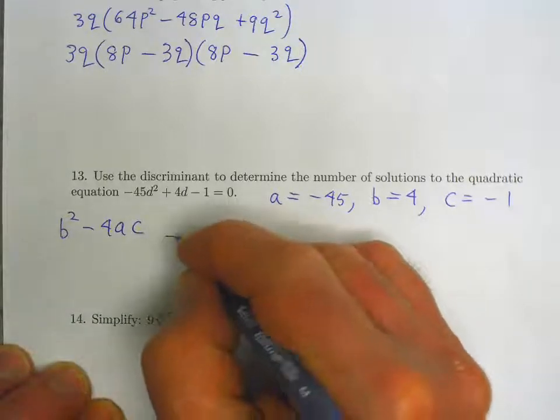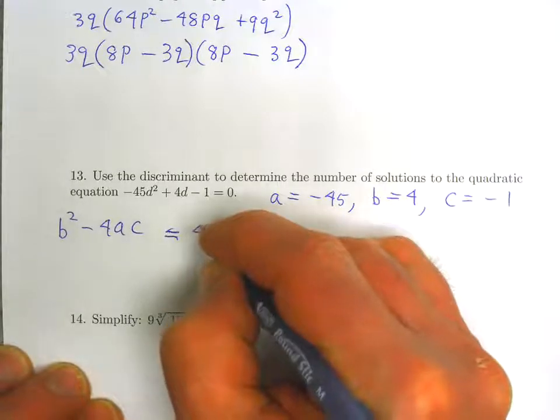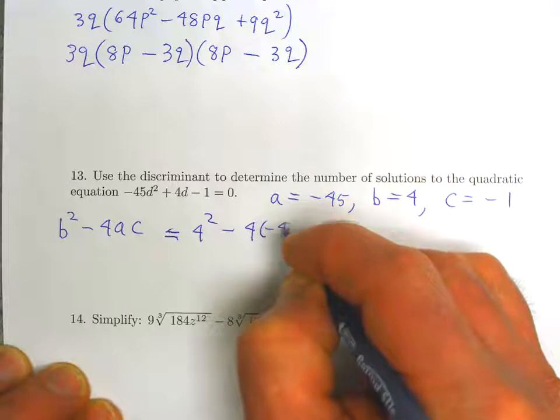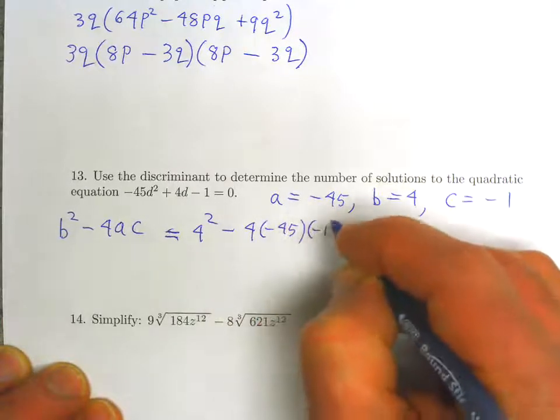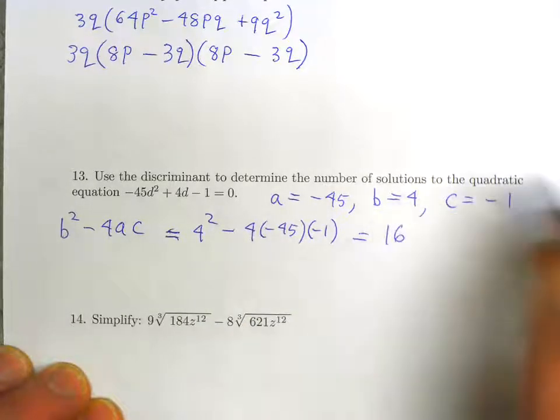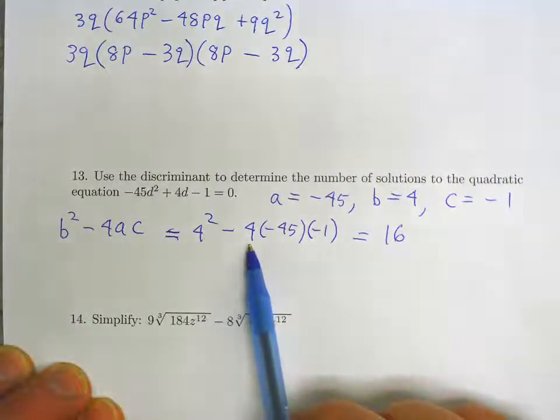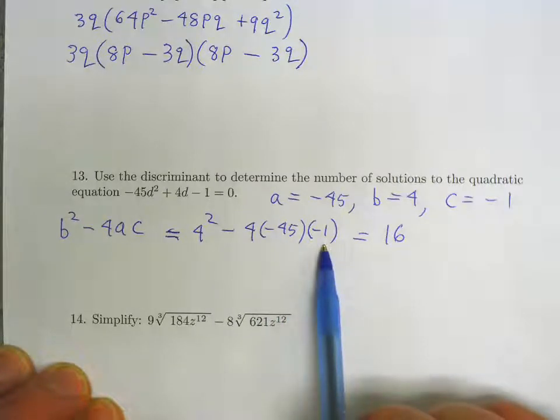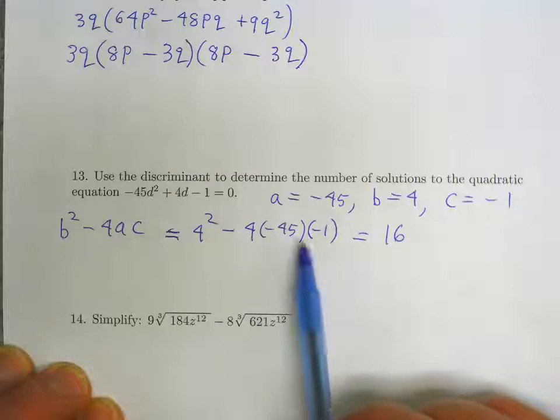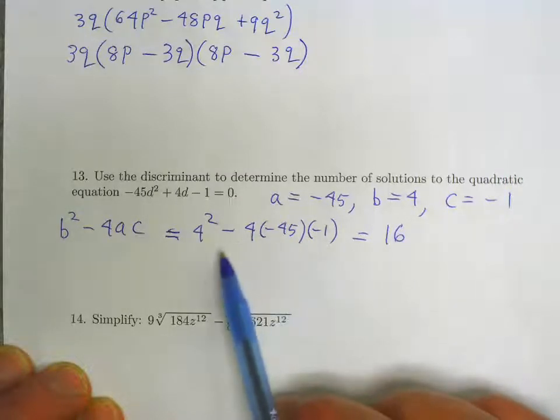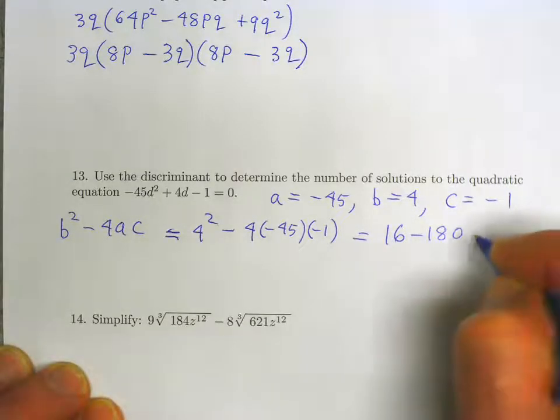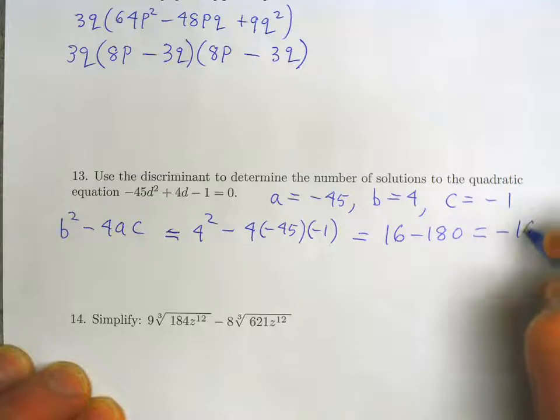In this case, B to the second is 4 to the second, and then minus 4 times negative 45 times negative 1. 4 to the second is 16, and negative 45 times negative 1 is positive 45, so it's minus 4 times 45, or minus 180, and the discriminant is negative 164.